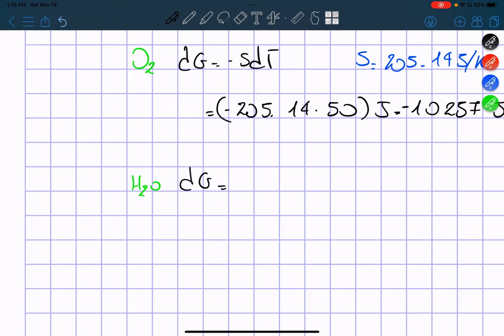We have for H2O, I think that in our case, our H2O is liquid and not gaseous. So I'm going to take the S for liquid, and S for liquid is equal to 69.91 joules per Kelvin.